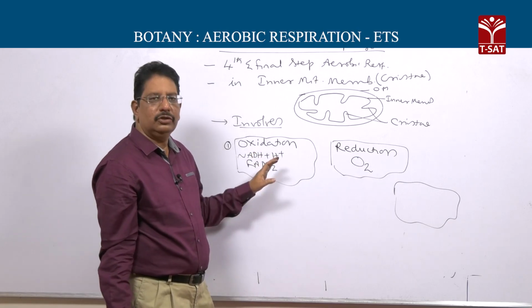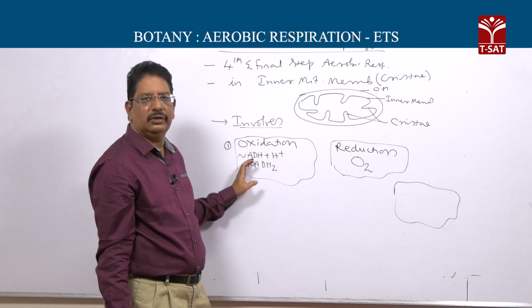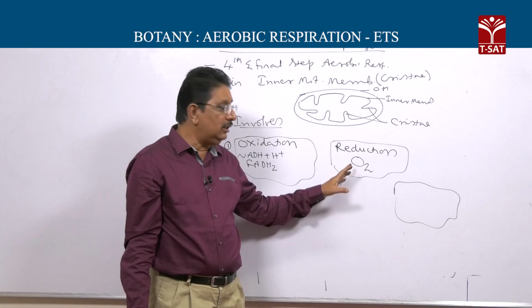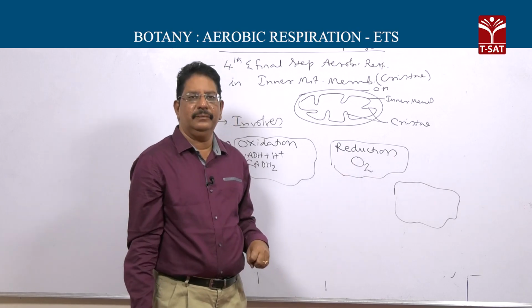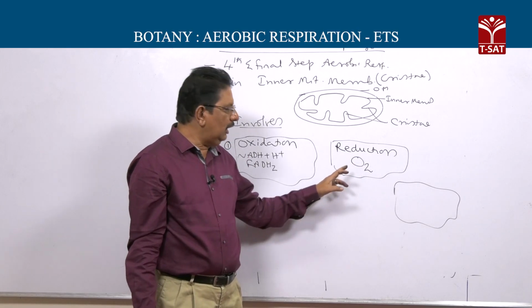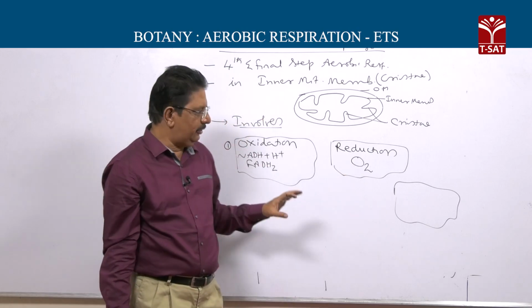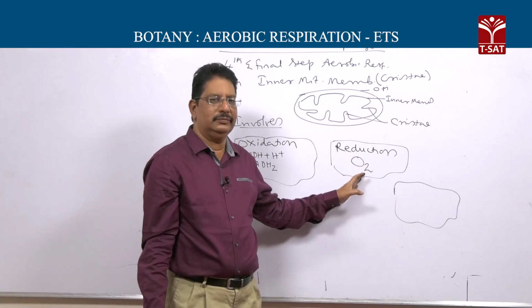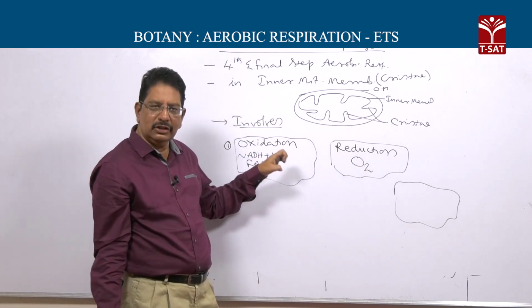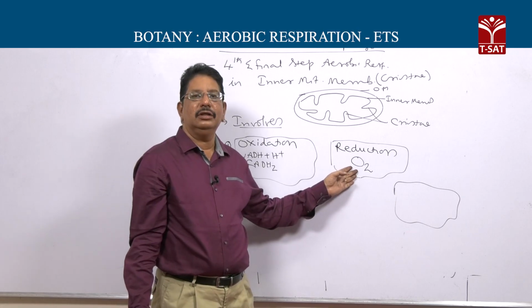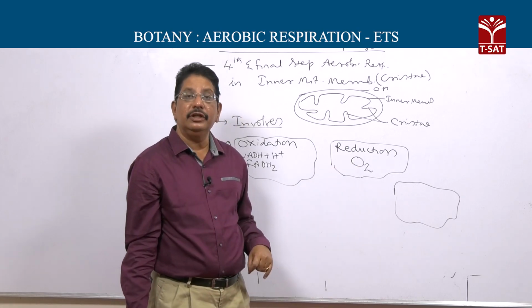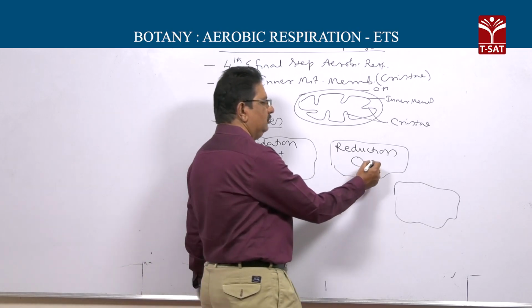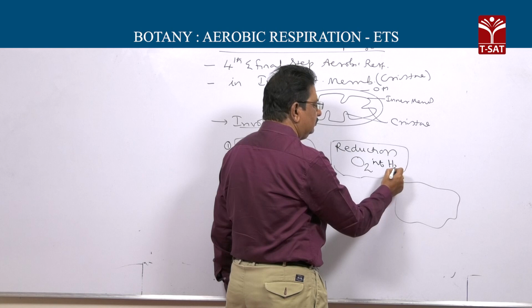They faithfully transfer those energetic electrons of glucose to an ultimate electron acceptor. In this story, the ultimate electron acceptor happens to be one of the atmospheric gases, that is oxygen. If NADHs are oxidized, automatically the electron acceptor is going to be reduced. So, reduction of oxygen into water.